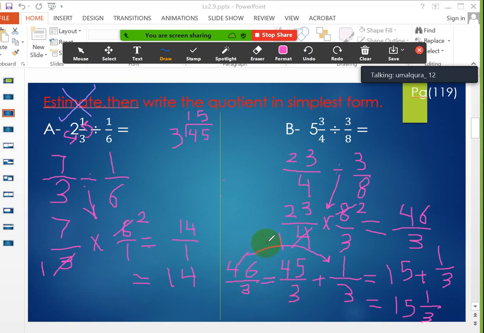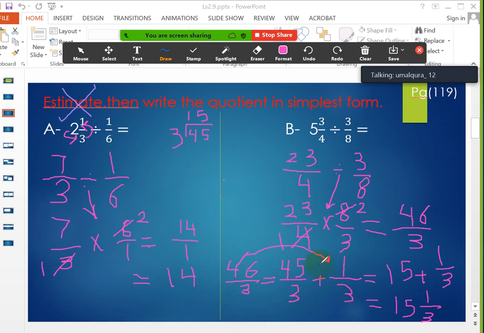I will take it from 46 because this number is able to divide on 3. What's the number left from 46? The number left is 1. So I will write this fraction 46 over 3 as addition of two fractions, 45 over 3 plus 1 over 3.